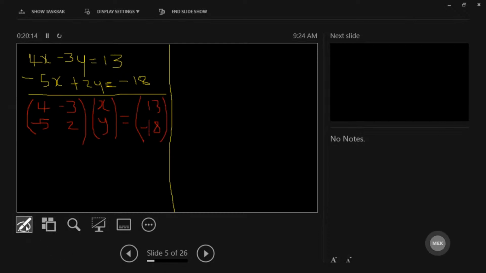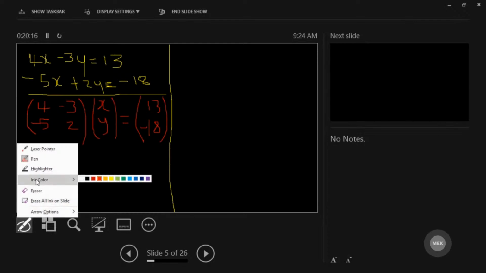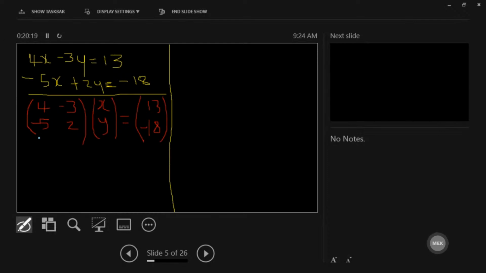Now we're going to find the inverse, which is 1 over the determinant times the adjoint. So 1 over 4 times 2 minus negative 3 times negative 5, which is 1 over 8 minus 15, which is negative 1 over 7.